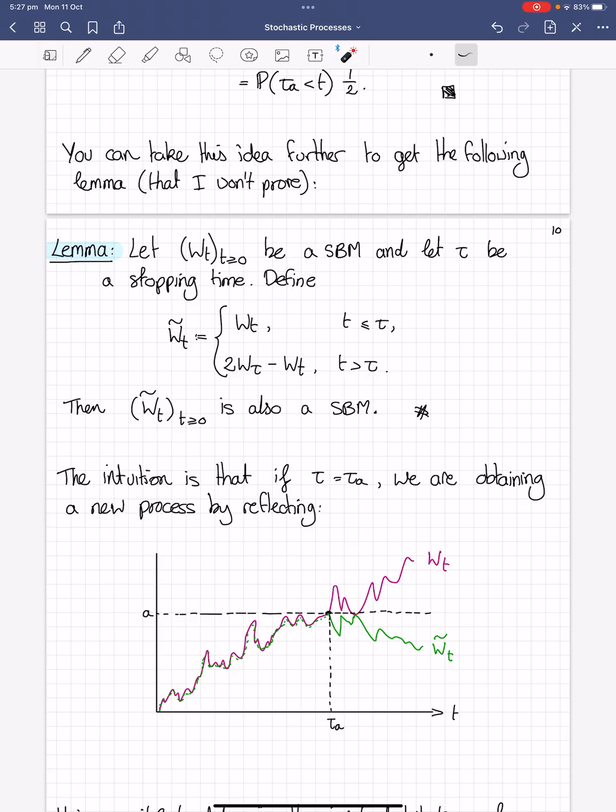But at time tau a, what's actually occurring is that the process is flipped around, giving a mirror image copy of the Wt. So you can think of this as a mirror at the level A, and the tilde Wt is the mirror image of the original Wt. Because the increments are normally distributed, you have this really nice symmetry between these mirror copies.